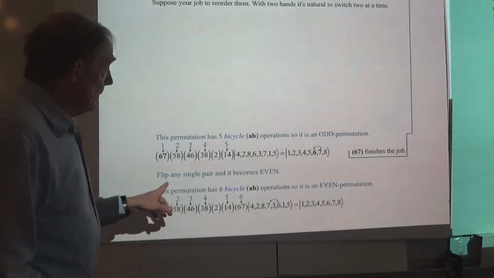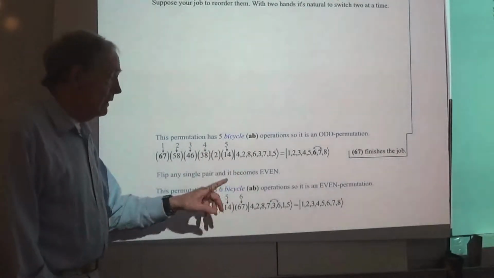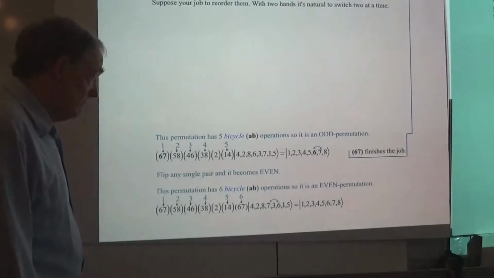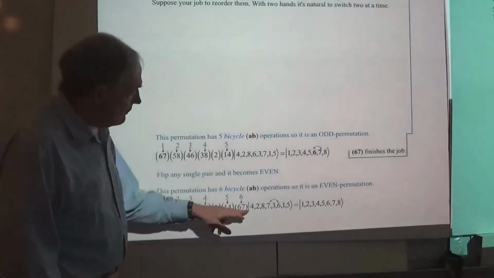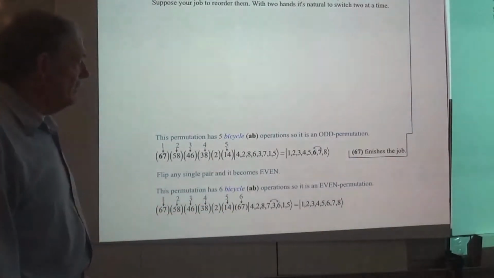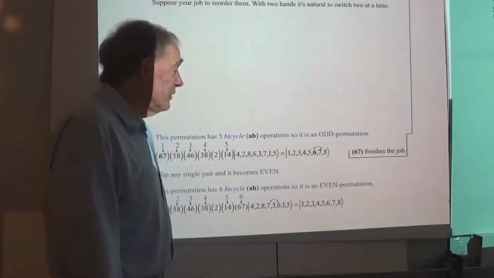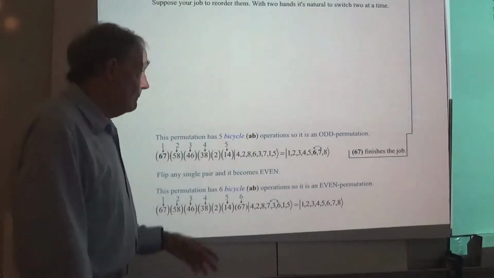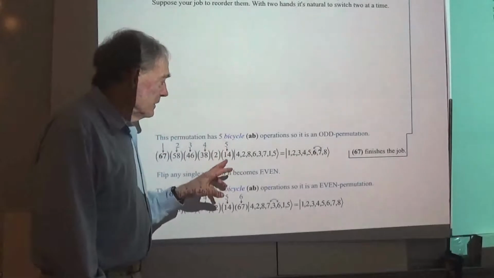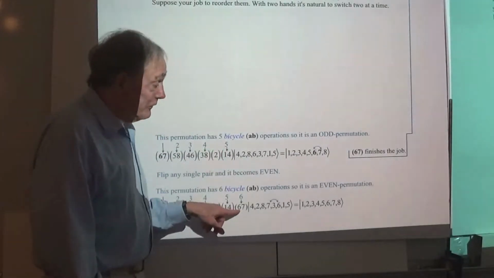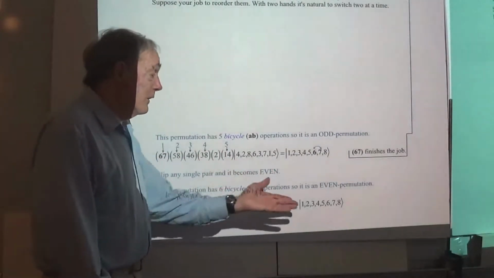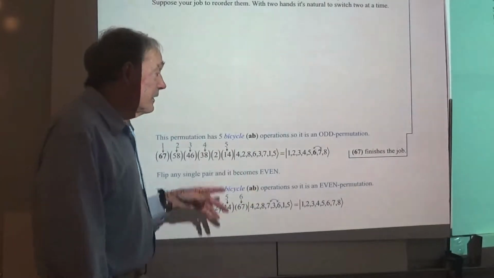Okay? Flip any single thing here, it becomes even. So this permutation string here has 6 bicycles. That's even, therefore it is an even permutation. Okay? Now I'm being tricky here. I'm going ahead here and adding an extra 6, 7, so that means I had to move the original thing a little bit in order to use the same numbers.